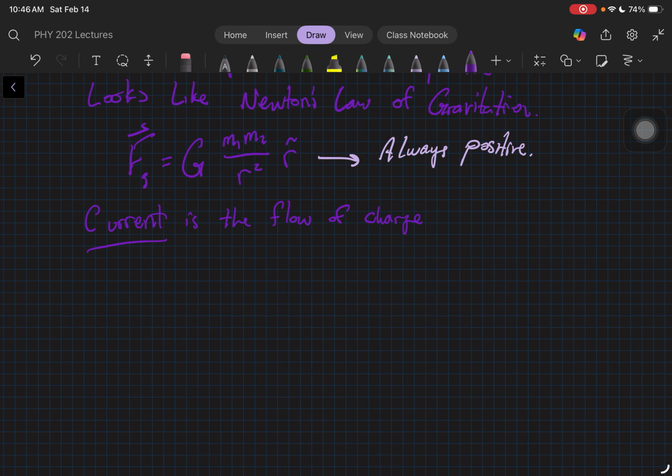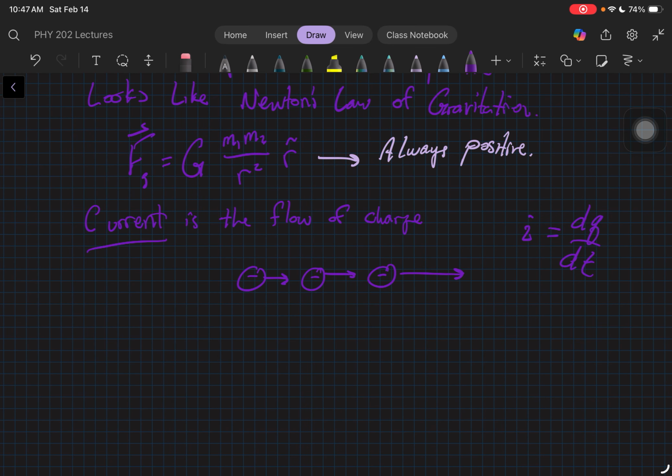And so if we think of a flow of charge, right, we have a bunch of charges all traveling in some direction. We can quantify this by I is dq dt, right?